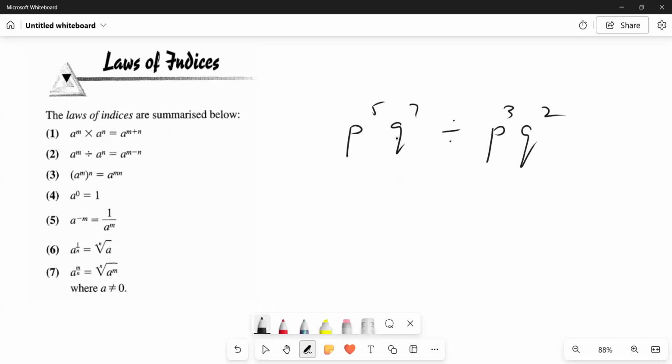You simply subtract the indices. 5 minus 3 is p squared. 7 minus 2 is 5, q to the fifth power, right? No need to expand the whole thing and cancel powers and all of that. You just subtract.